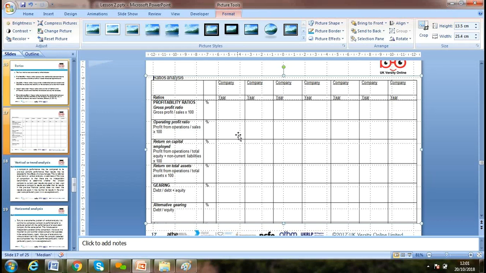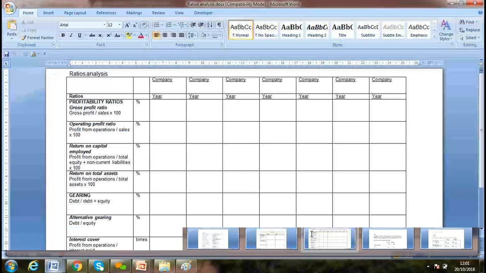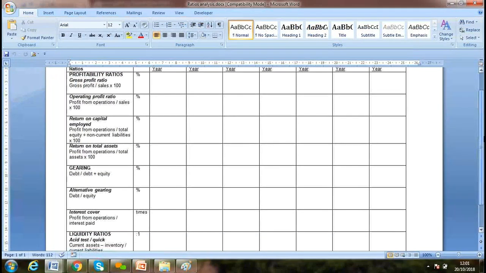Okay, we'll go through next. Profitability ratios, liquidity, then we'll go through gearing ratios and all these ratios. Let's go through this template, which I'm going to send you.